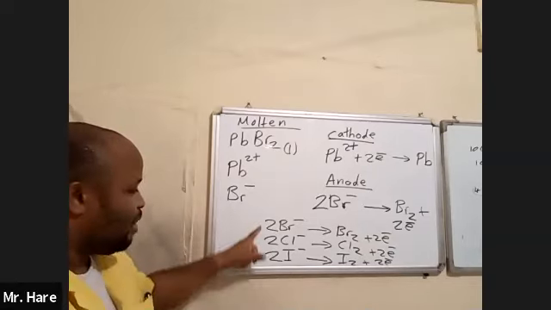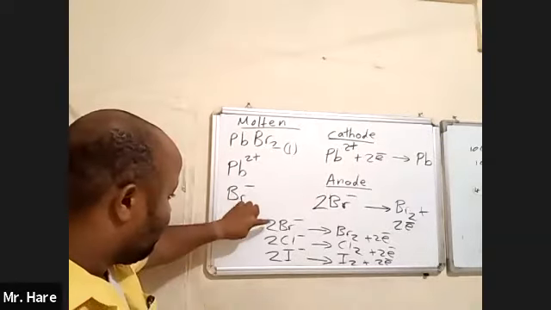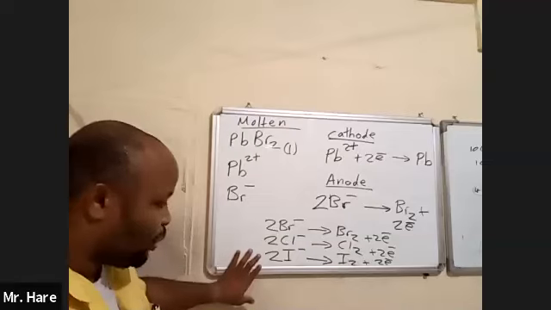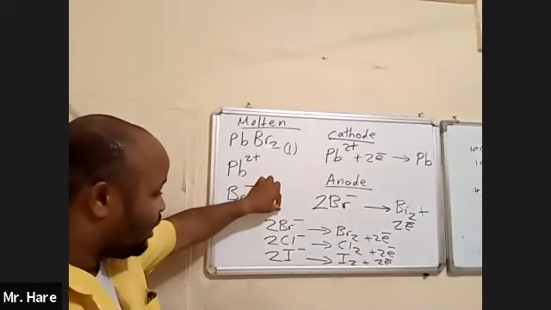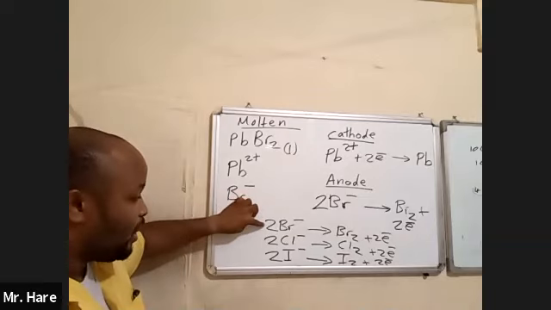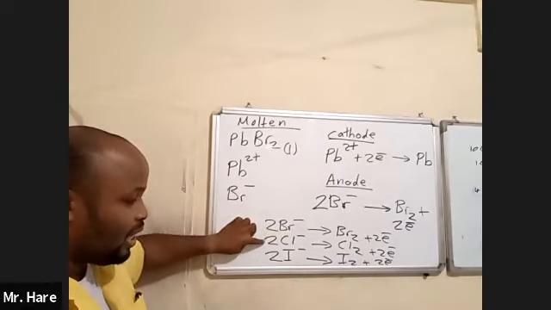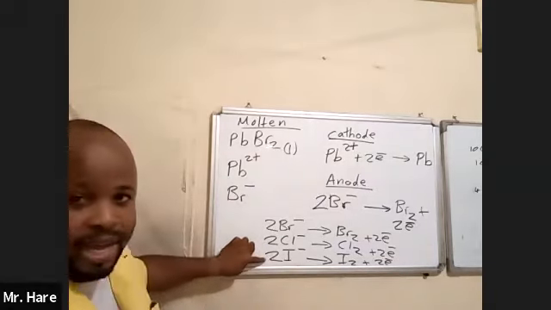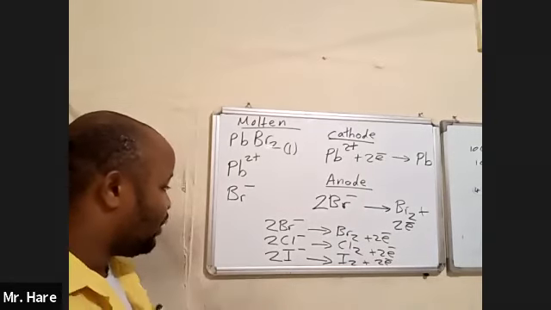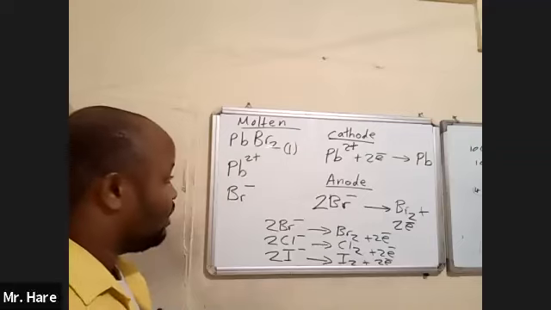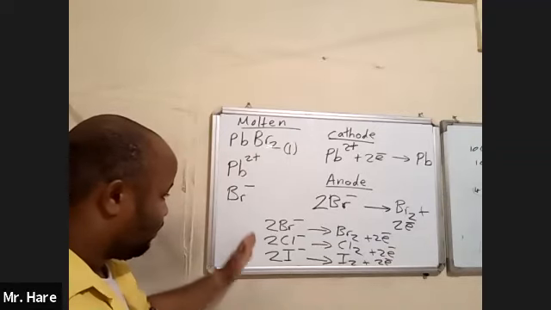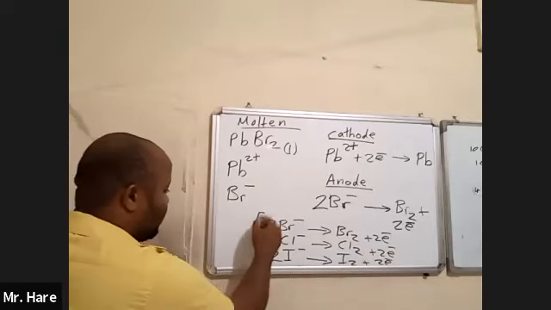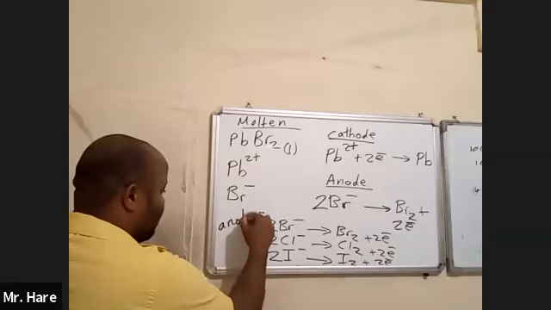If you are to write an equation involving bromine, chlorine, or iodine, these are the equations. They are never going to change. Once bromide ion is the electrolyte, this is the equation. If chloride ion is the electrolyte, this is the equation. If iodide ion is the electrolyte, this is the equation. It is not going to change. All right, and all of this will take place at the anode.